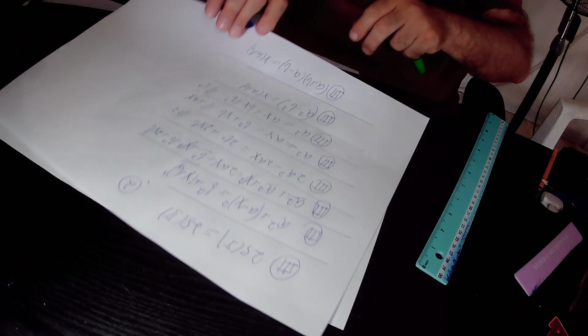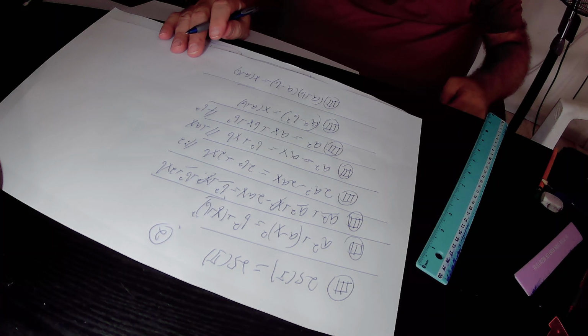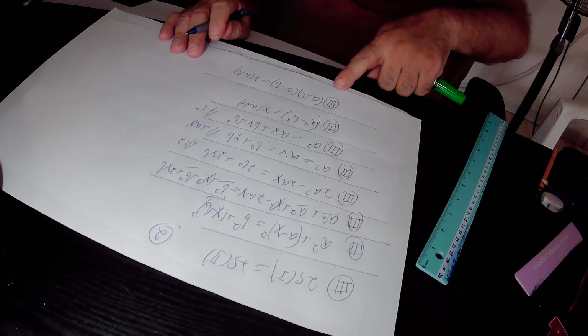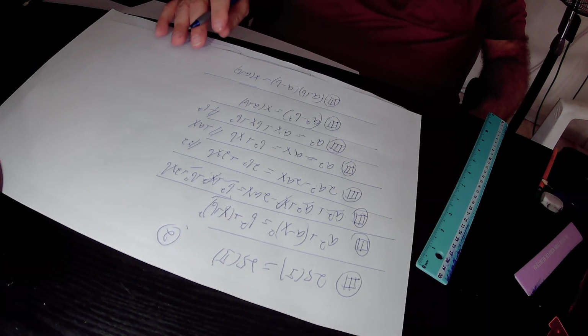Therefore, A plus B must be a positive number. Therefore, we can divide this equation 3 by A plus B, because A plus B can never be equal to 0. So it is allowable to divide this equation 3 by A plus B.